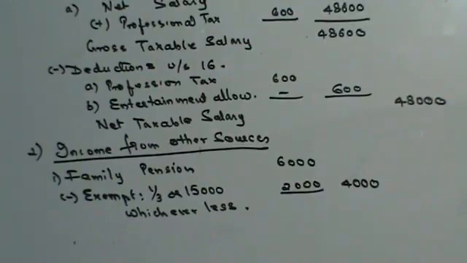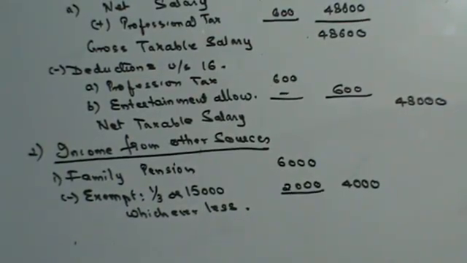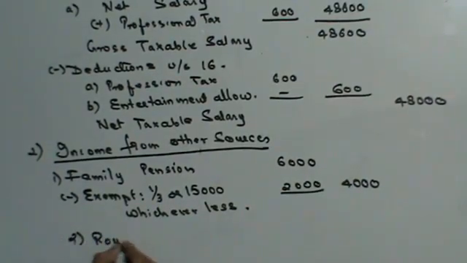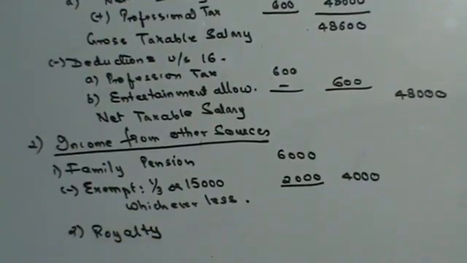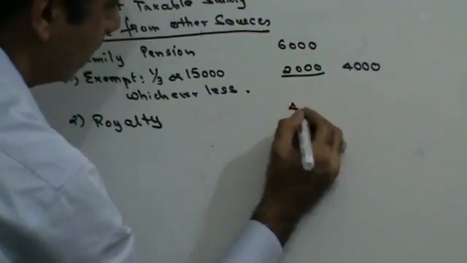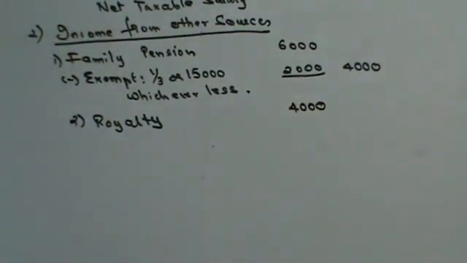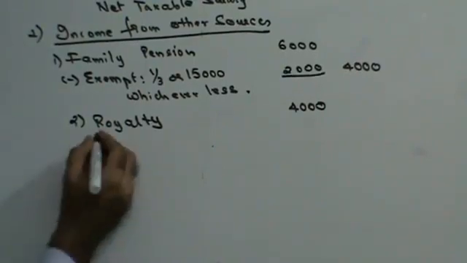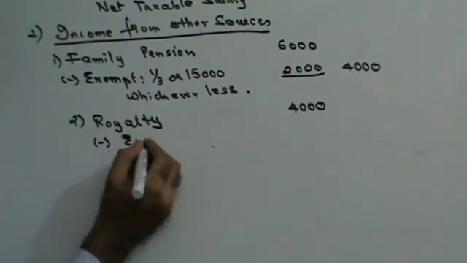Next, they've given you that she has written a book on zoology for which she gets a royalty. She gets a royalty of 4,000 from the publisher. She spent 500 on typing and stationery, less expenses.